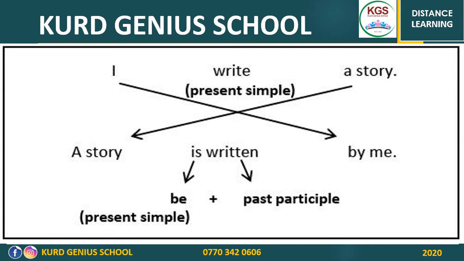If it's plural, you use a plural one. Then you change the form of the verb of the active sentence into the past participle. You can also add by me at the end, or by the subject of the active sentence. This is how we make passive sentences.